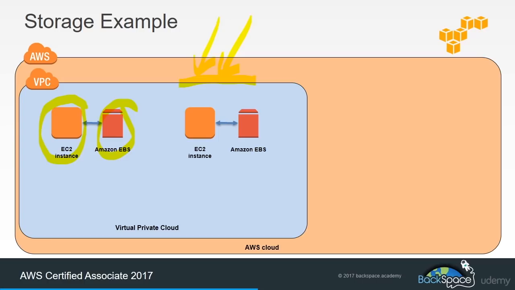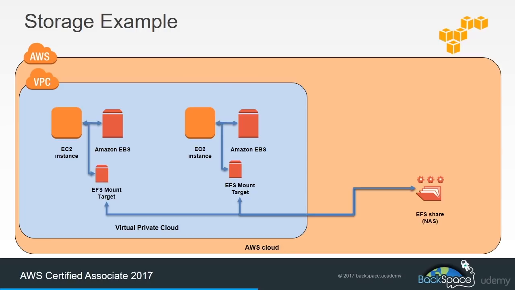So the way that we do have multiple EC2 instances accessing the one device is that we use the Elastic File Service for doing that. So the Elastic File Service, now that is not located within our VPC. That is located within the AWS cloud. For our EC2 instances to access that EFS share, they need an EFS mount target.